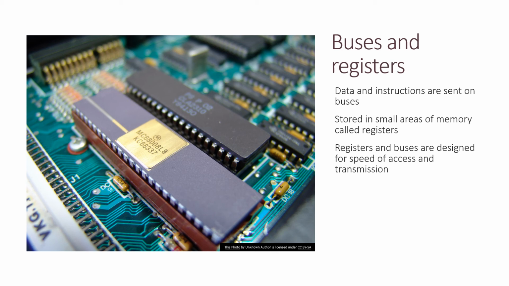And the numbers, when they're waiting to be decoded or executed or whatever, the numbers are stored in very small areas of memory called registers. And buses and registers can only hold one number at a time, but they're very, very close to the working parts of the actual circuits that do the job. So that speeds things up as well.